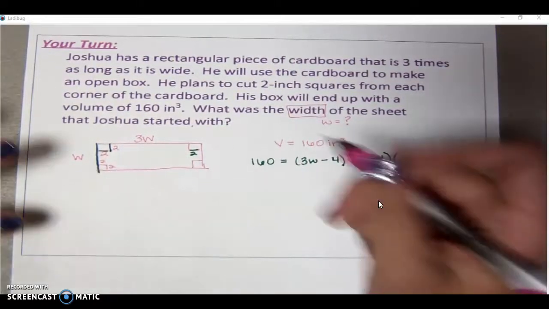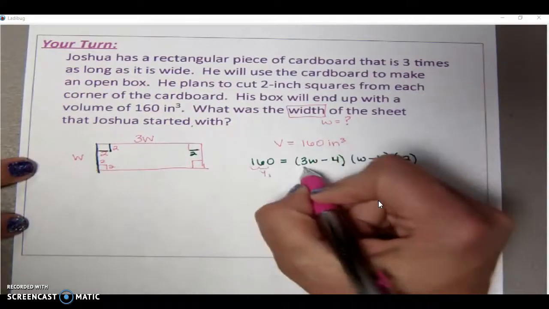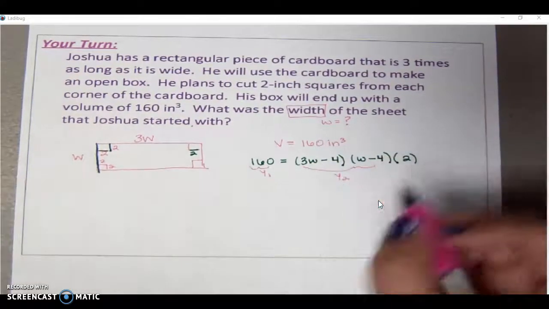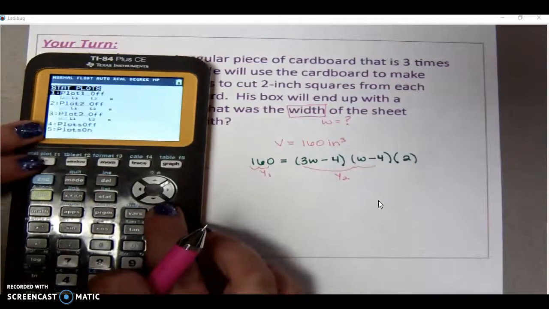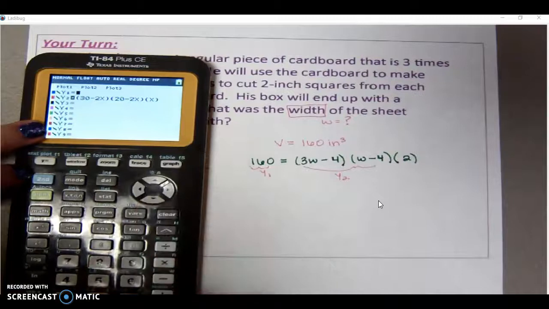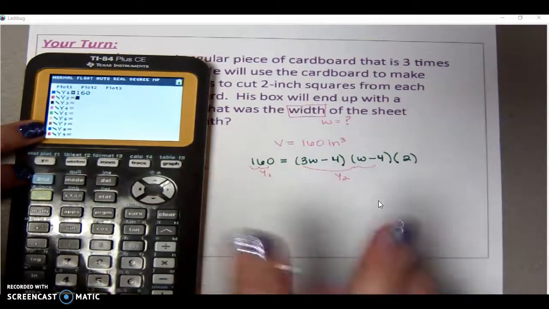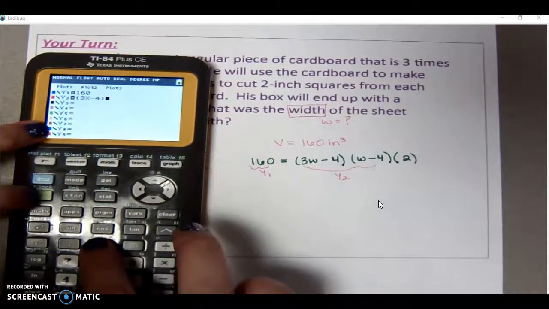So we're going to set this up similarly. We're going to put Y1 as 160 and Y2 as my equation here. You can't use W, so just put X's.